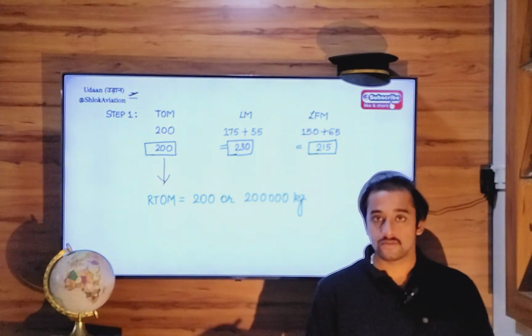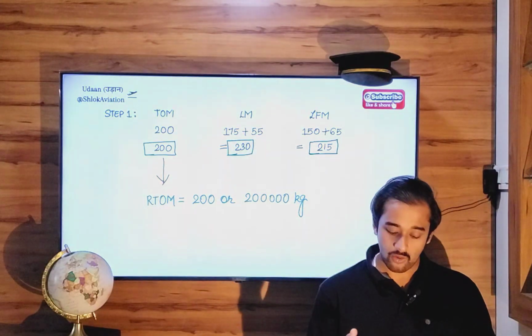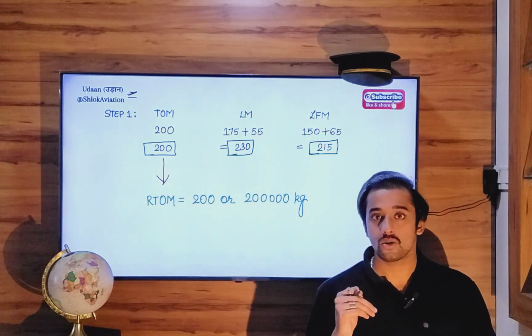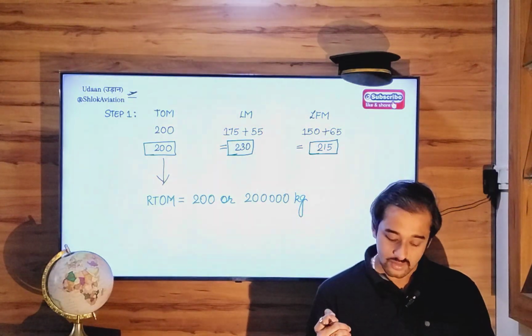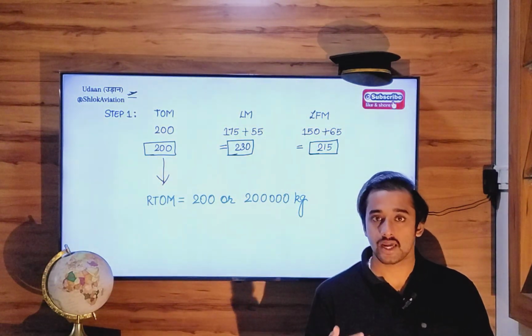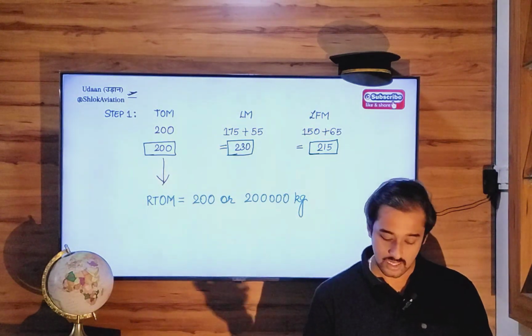What I have done is divide 2 lakh by 1000 to get 200, which simplifies our calculations and makes them faster.